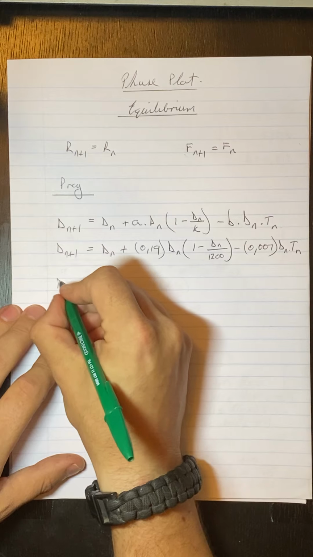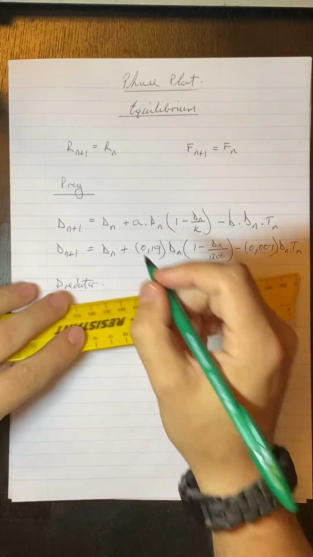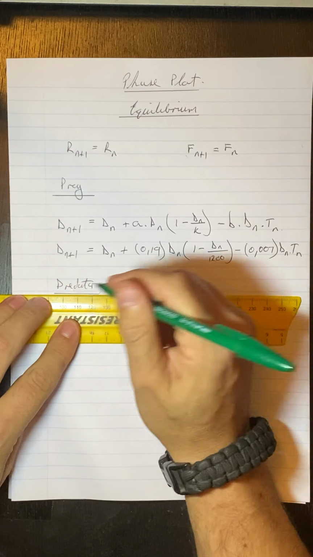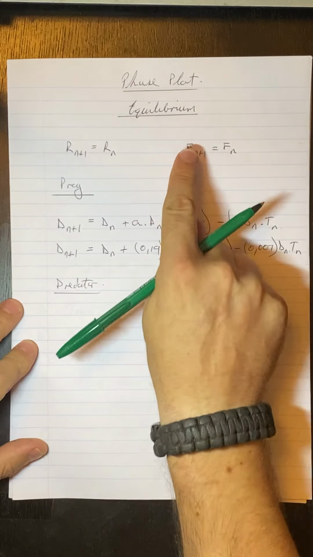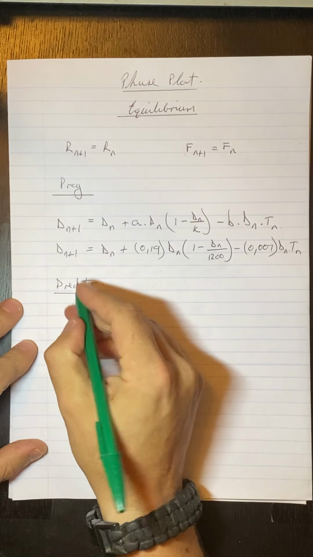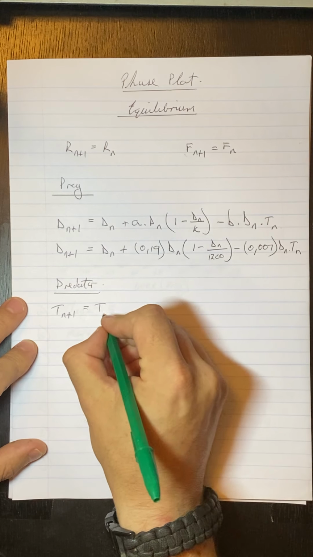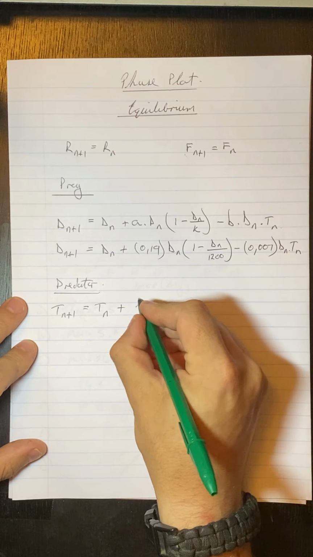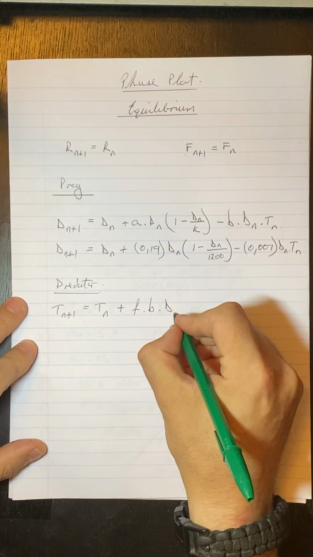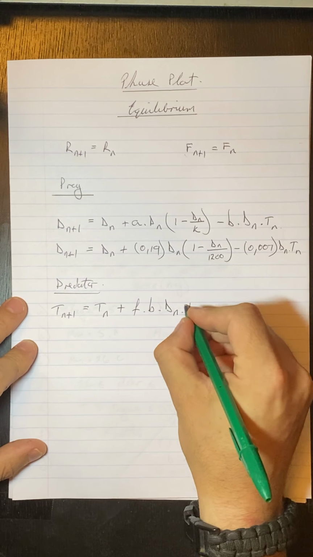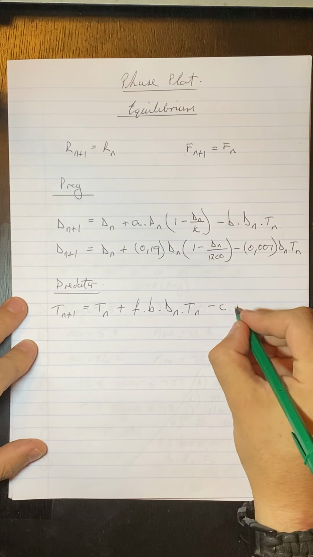If we look at the predator, I'm going to use the formula off our formula sheet and adapt it to tigers. So we get Tn+1 = Tn + f times b times DnTn - c times Tn.